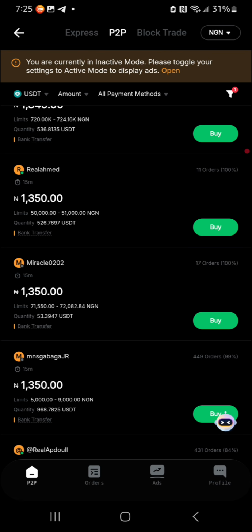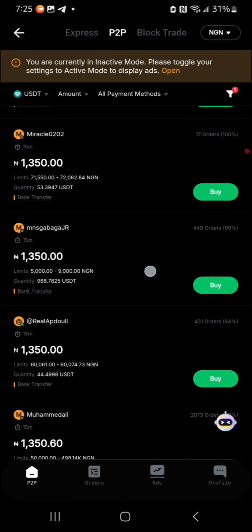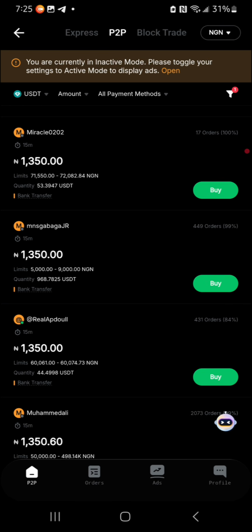So the rate is not really stable. That's where arbitrage trading comes in to bridge the gap, to take advantage of it. So what we do is buy the crypto low on a particular fiat market, that's the dollar to Naira low, then we transfer it to another market and sell.